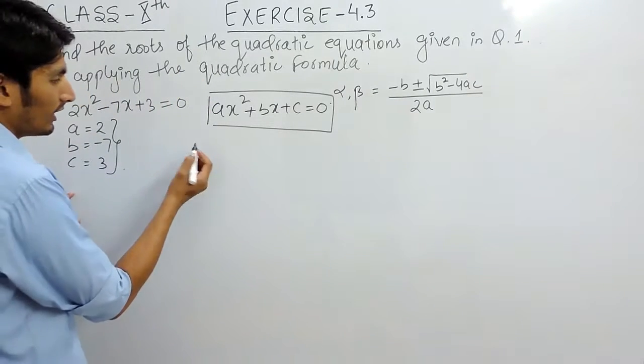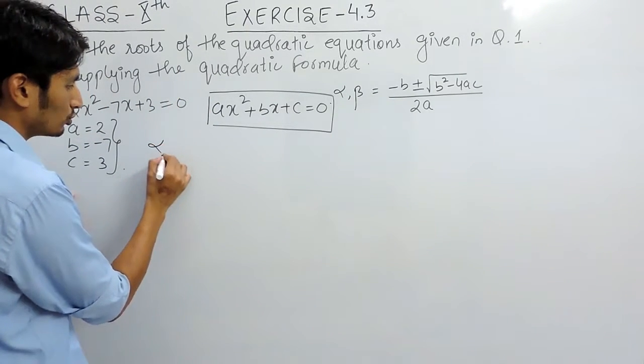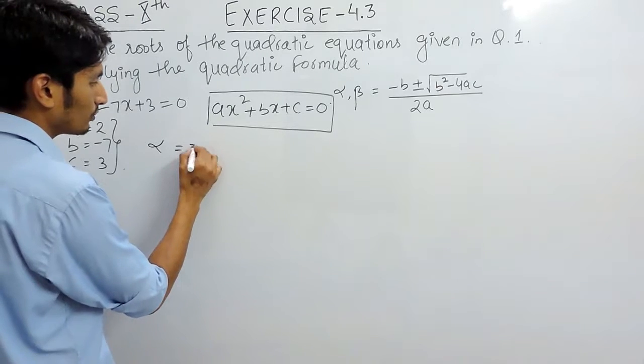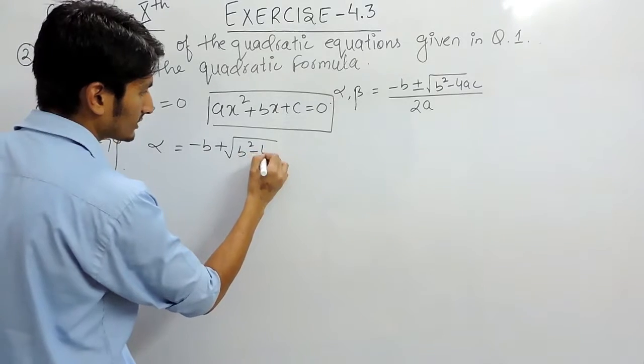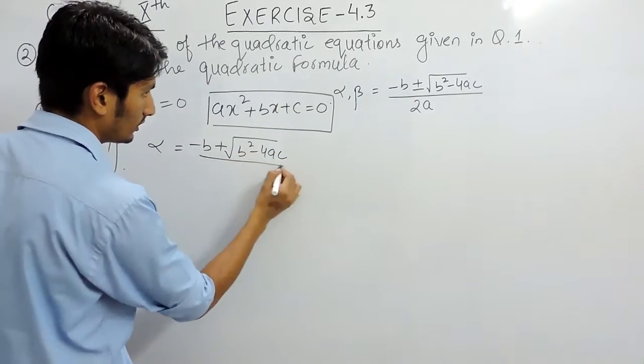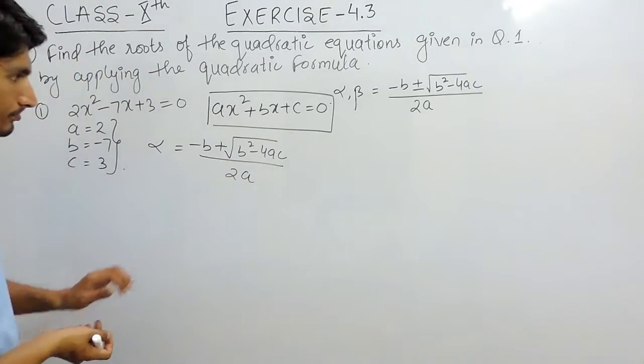So the first root, we are assuming that the first root is alpha, so the value of that root must be minus b plus under root b square minus 4ac upon 2a.